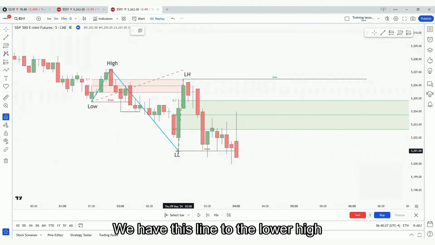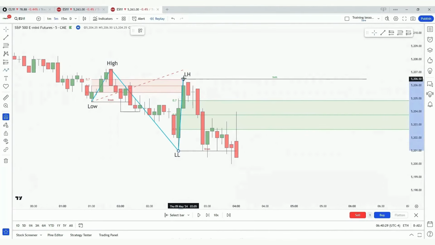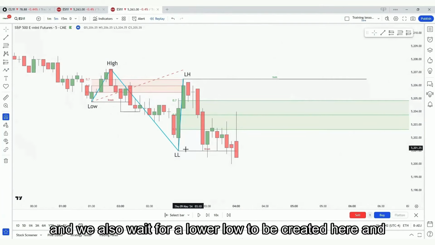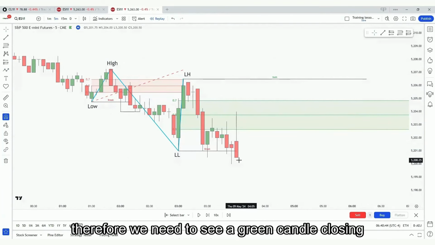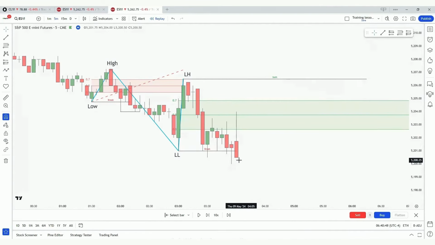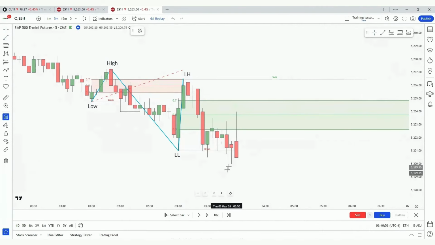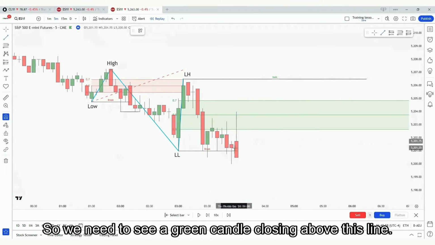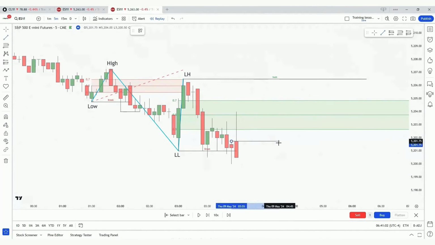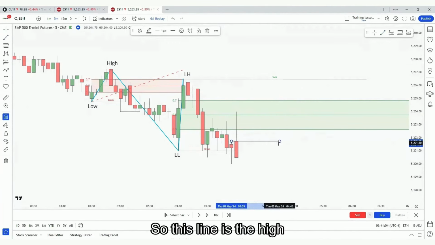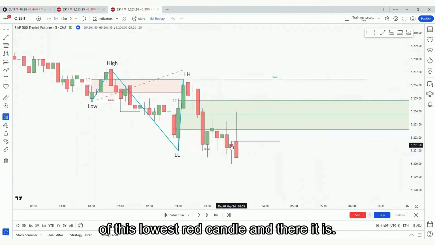We have this line to the lower high. And we also wait for a lower low to be created here. And therefore we need to see a green candle closing above the lowest red candle. At this point, the lowest red candle is this one over here. So we need to see a green candle closing above this line. So this line is the high of this lowest red candle.